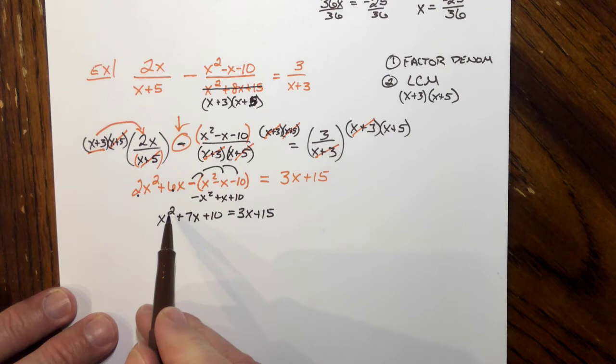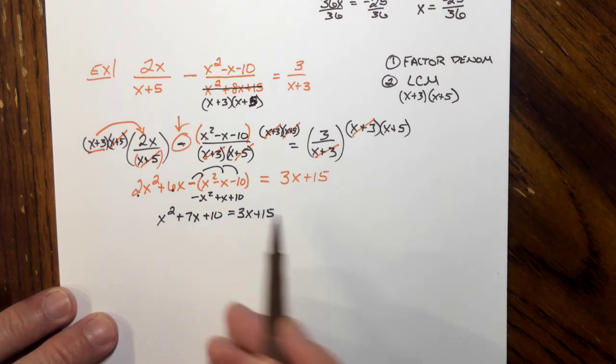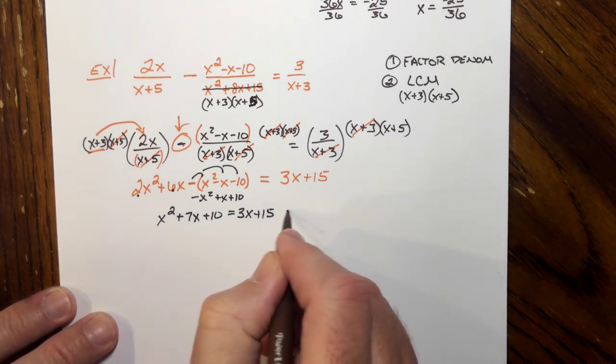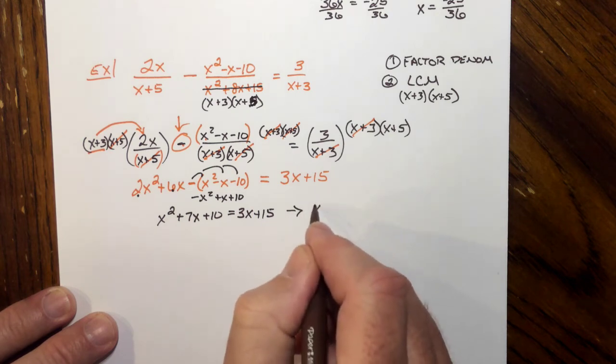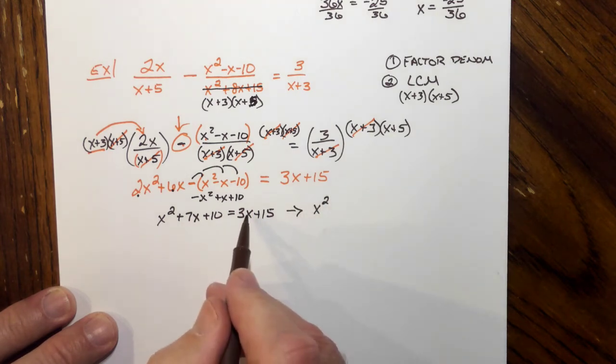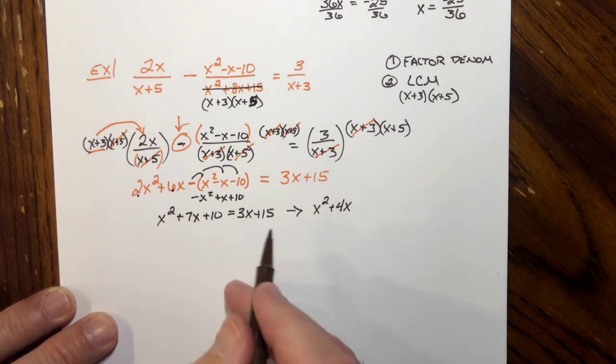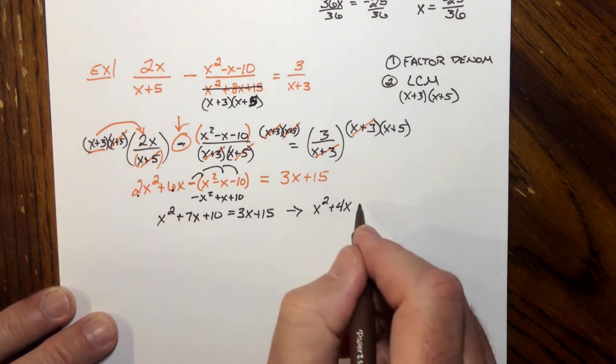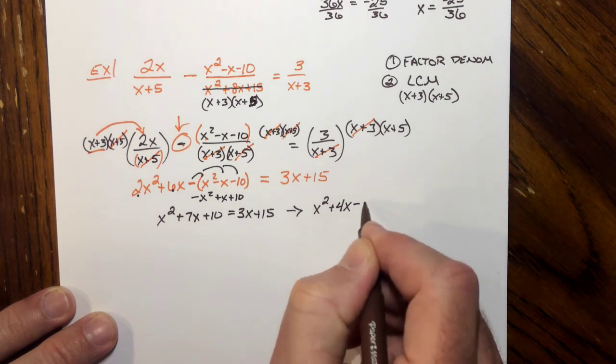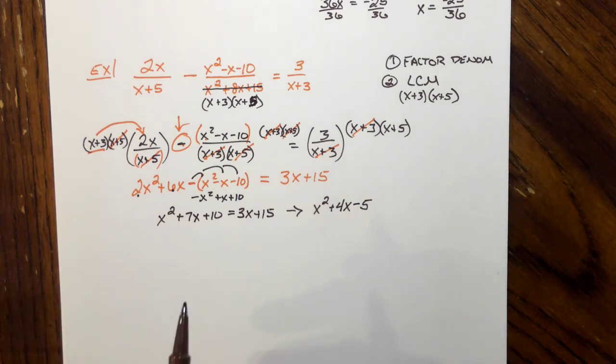So we look, quadratic, not going to cancel out, put it in standard form. So x squared, subtract 3x from both sides, plus 4x, subtract 15 from both sides, minus 5.